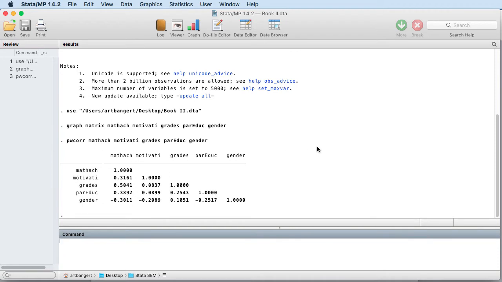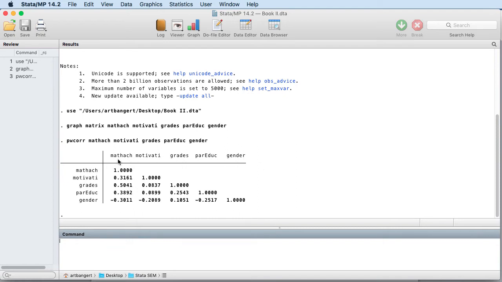So there is a relationship. Some of them are smaller than others, and we also see there's a negative relationship. What this typically means, because we have a categorical variable, is that one group has a higher mean math achievement score than the other group.